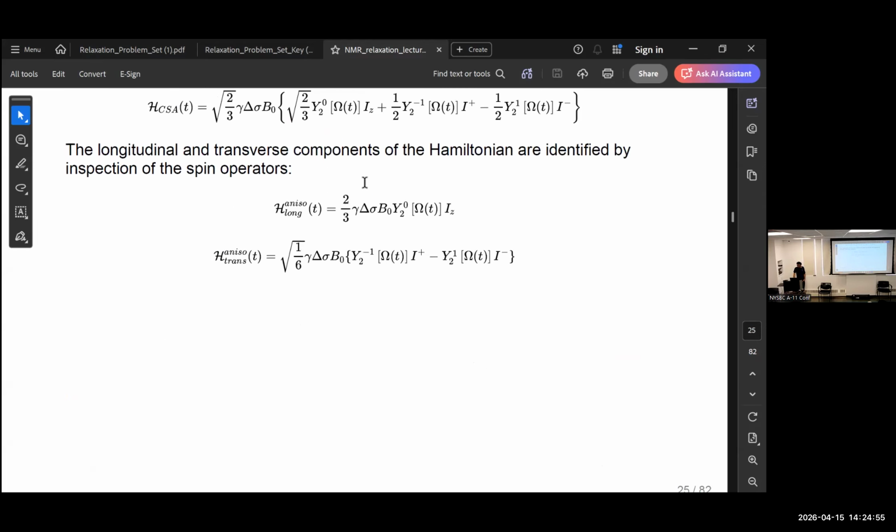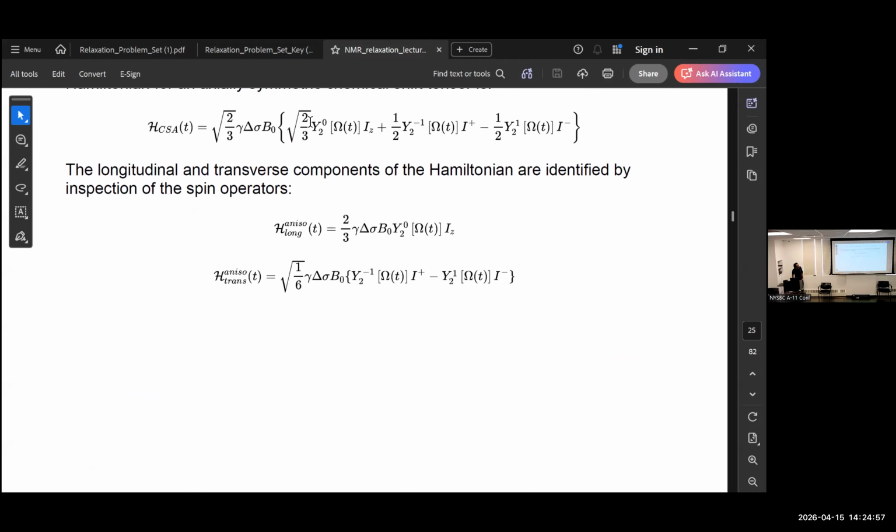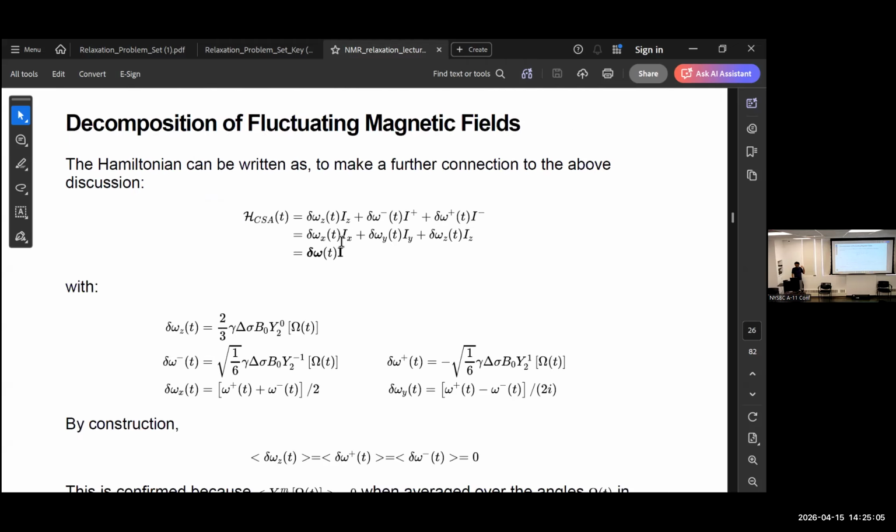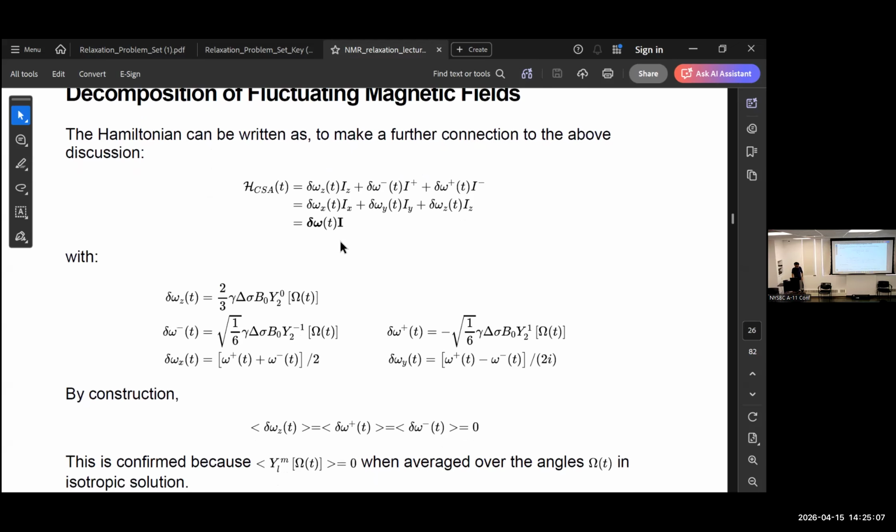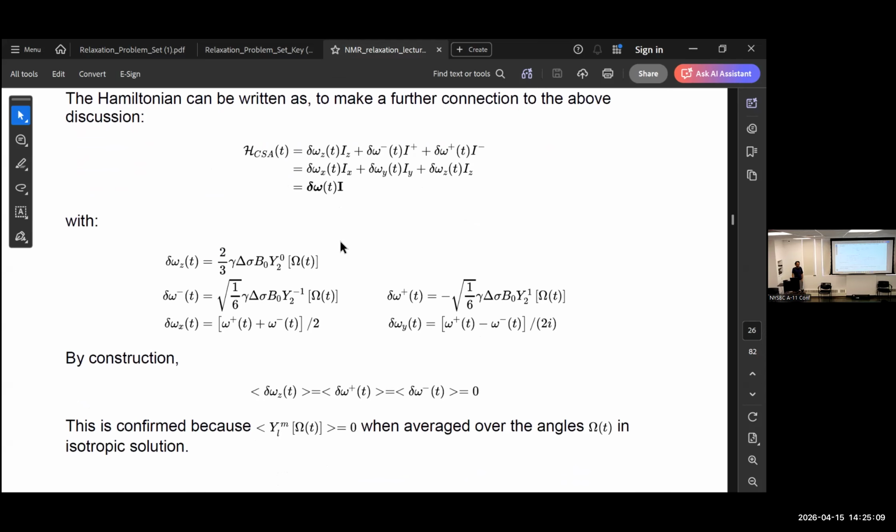Broadly, you can imagine that because this is a time-dependent fluctuating orientation, it's a fluctuating frequency, so you can define its average and variance. Its average is 0 because the molecule samples all orientations with equal probability.